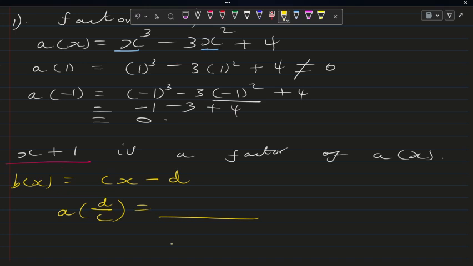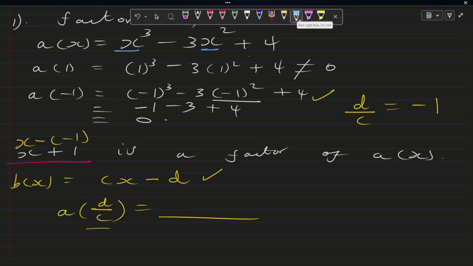Now what we did in this situation is basically the reverse of what we did when we were doing the remainder theorem, because there we just substituted d over c since we had the expression of b of x. But now we are using that theorem in reverse, because we substituted minus 1, so we can say that our d over c is equal to minus 1.